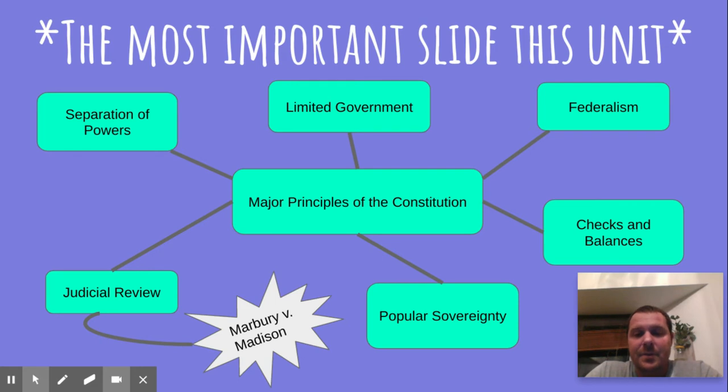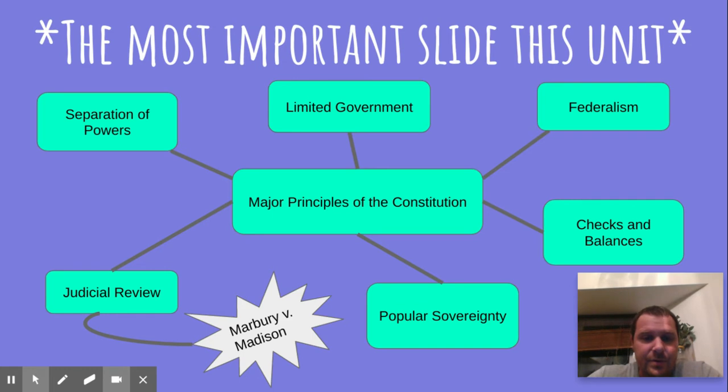The people having the power is, again, an extremely important concept of the government. And we see it through our ability to vote for the people who go represent us at the state and national level. So popular sovereignty, the people have the power.